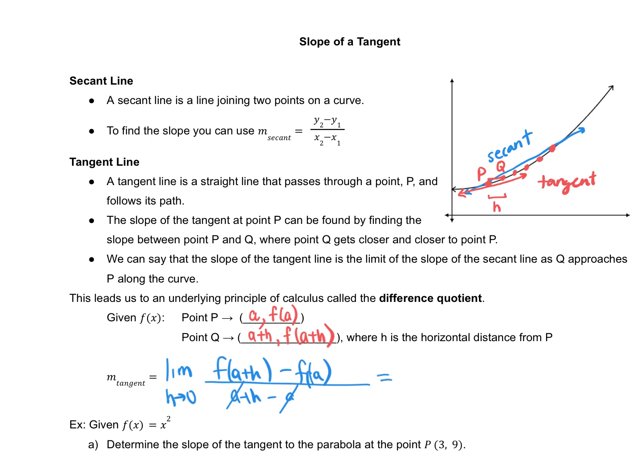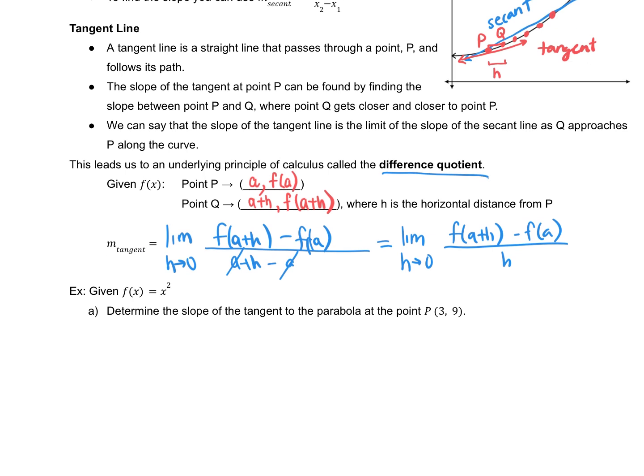So here is our slope of a tangent: the limit as h approaches 0 of f at a plus h minus f at a, all over h. And this is called your difference quotient. Again, that a value would represent the point where we specifically want the slope of the tangent.